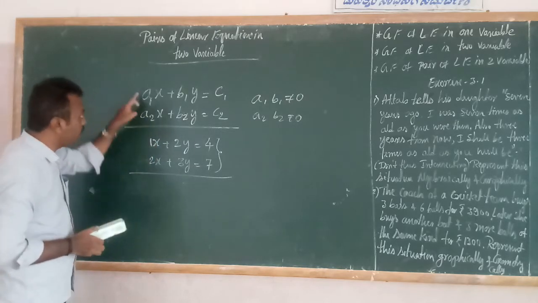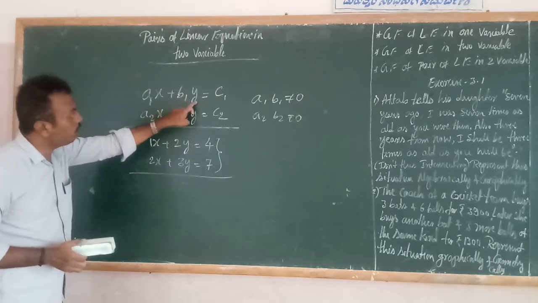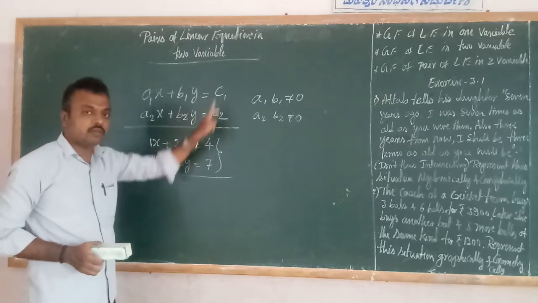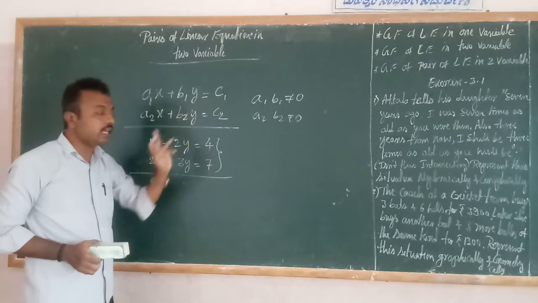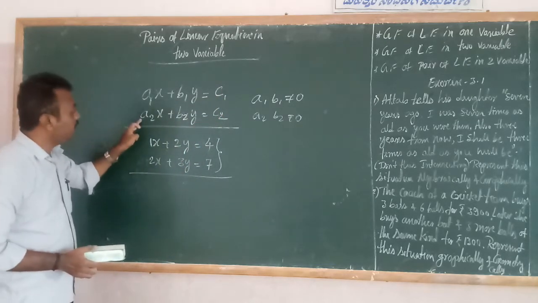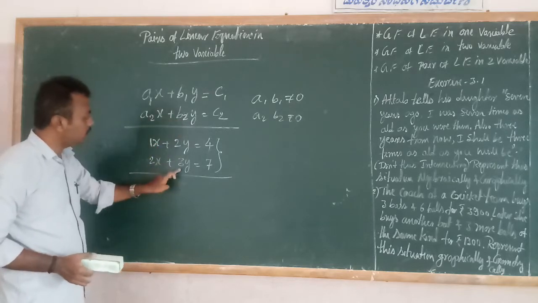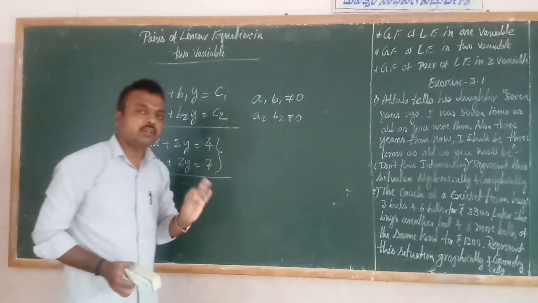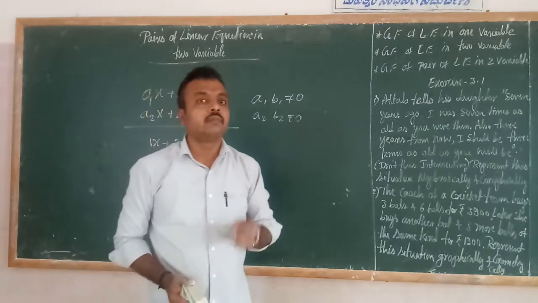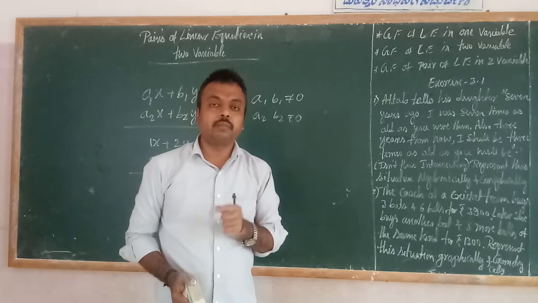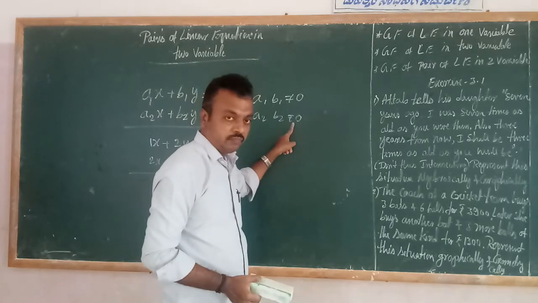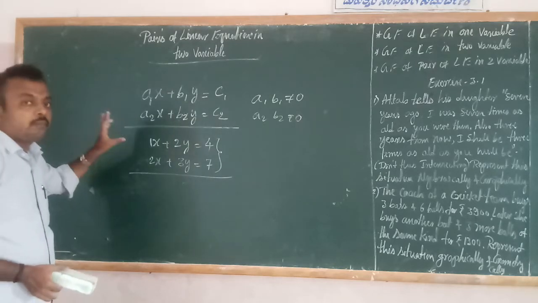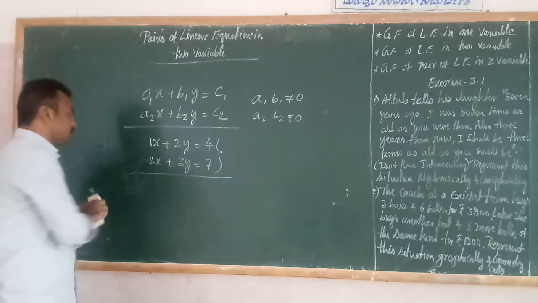So a1 is 1, b1 is 2, and c1 is 4, a constant. Then a2 is 2, b2 is 3 and c2 is 7. So a1, b1, c1, a2, b2, c2 are any real numbers, but a1, b1, a2 and b2 are not equal to 0. Okay students? These kinds of equations are called a pair of linear equations.